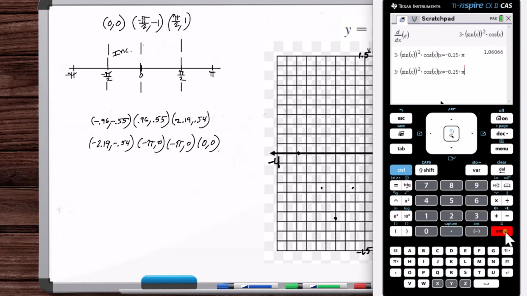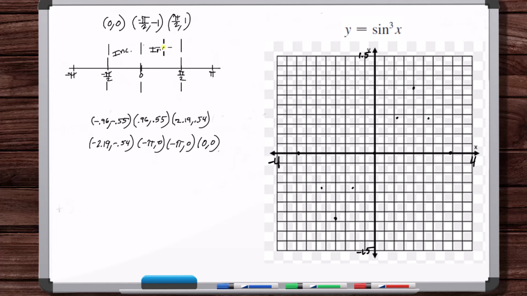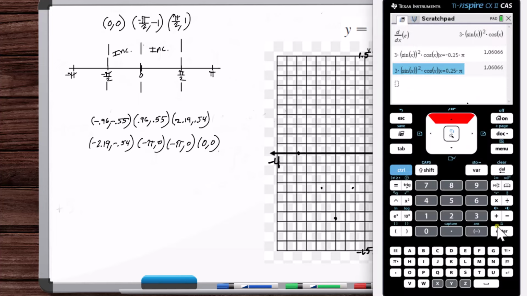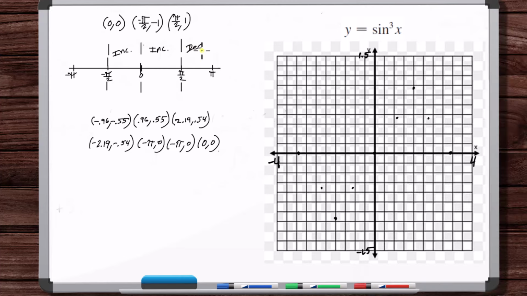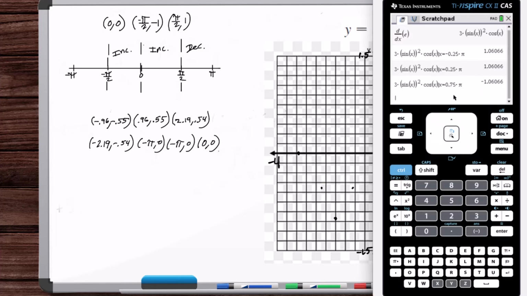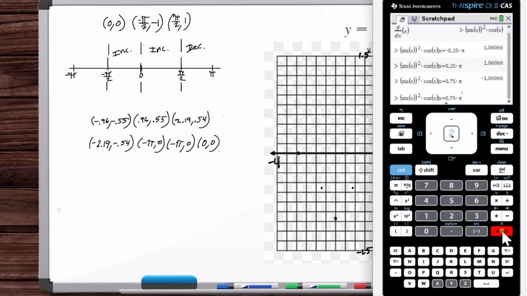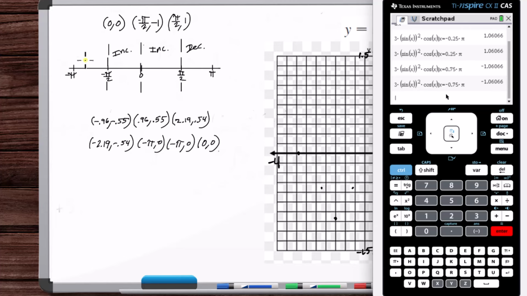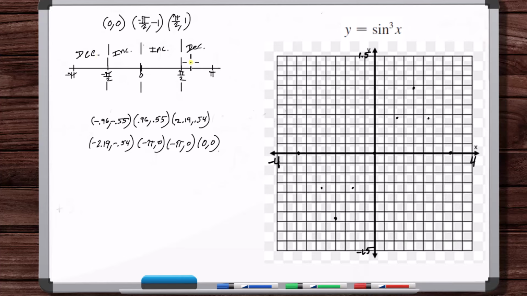Okay, and now let's do 0.25 pi. So now it's still increasing. And then when we cross over to, let's say, 0.75 pi, now it's decreasing. And then I'm assuming it would be decreasing here as well. So this would be minus 0.75, yeah, decreasing. Okay. Yeah, there we go.